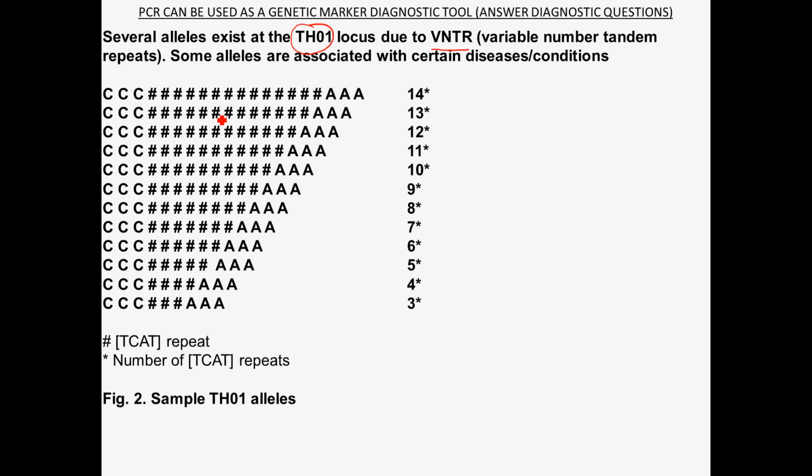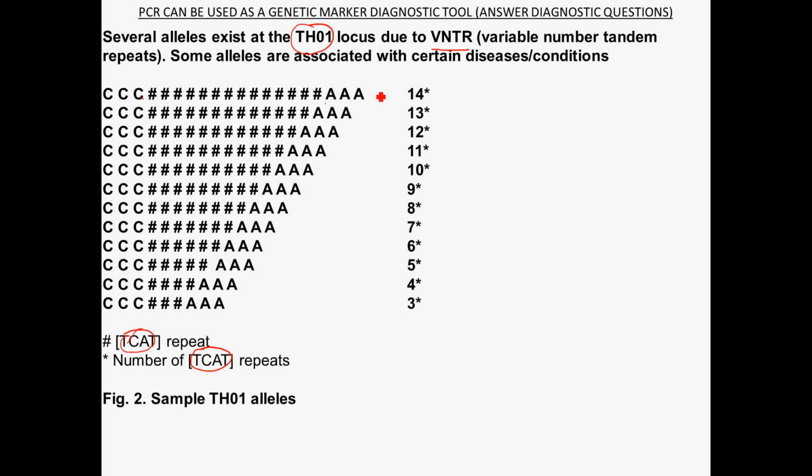So we have this repeat, the TCAT, and the number of times this TCAT is repeated between this AAA and this CCC is what each of these numbers represents: 14, 13, 12. So again, this yields different fragment sizes, right?